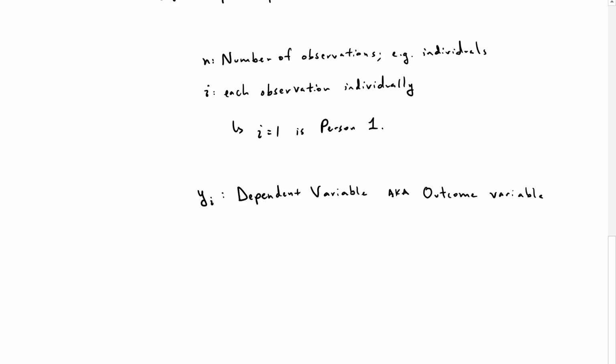If we're trying to look at health outcomes, some measurement of health would be an example of a dependent outcome variable. xi are the independent variables. In this case, there's just one independent variable.